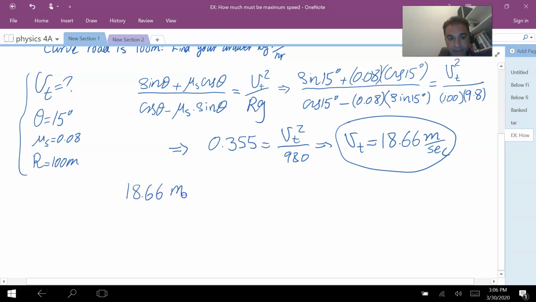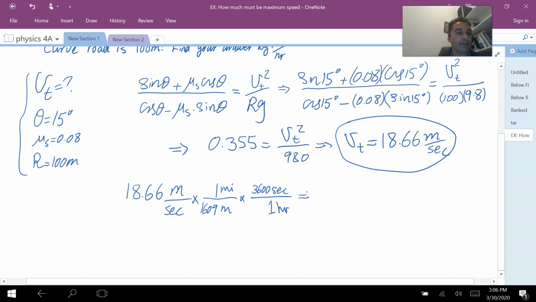Now 18.66 meters per second, I want to convert it to miles. So this will be miles, this will be meters, then hour, then second here, correct? So I know 1 mile is 1609 meters, and 1 hour is 3600 seconds.